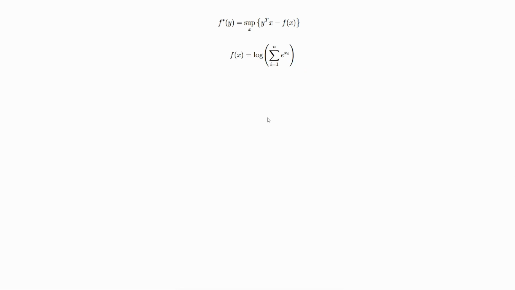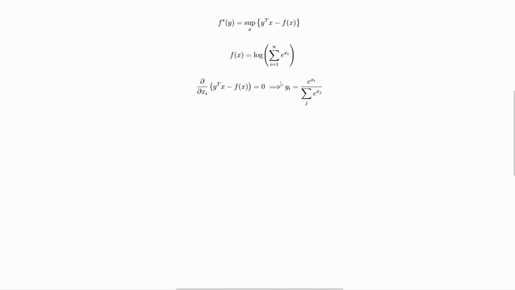Lastly, let's look at the log-sum-exp function. We see this everywhere in machine learning. And as before, we want to maximize y transpose x minus f of x, which is the gap function. And so taking the gradient and setting it equal to 0 gives us this expression here.